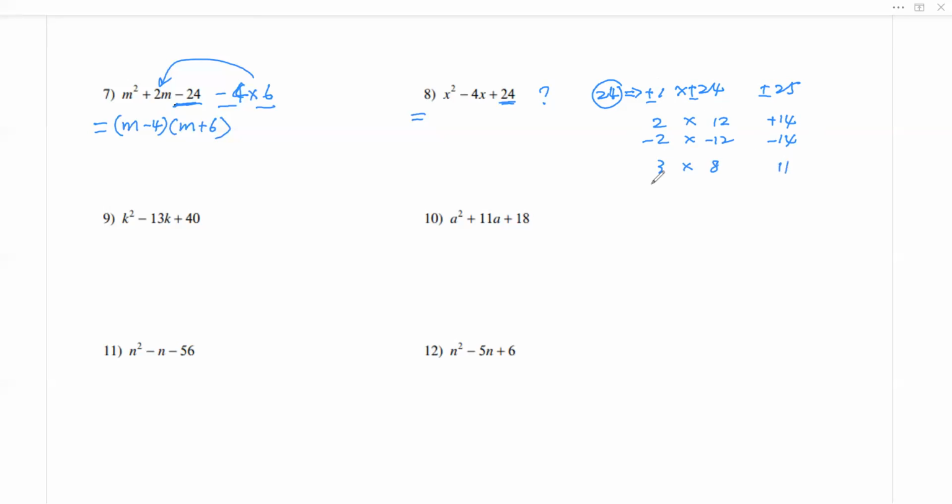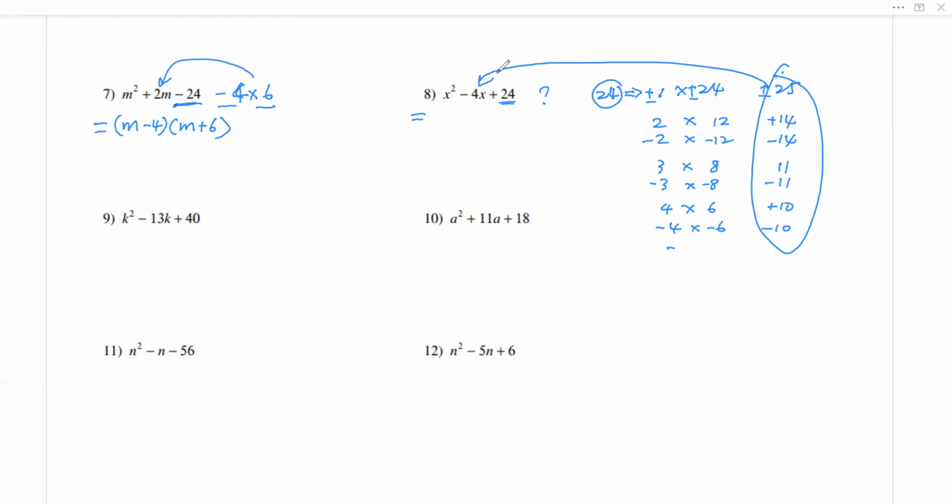So here we get 11, negative 3 times negative 8, negative 11. 4 times 6, here we get positive 10, negative 4 times negative 6, so it's negative 10. Other than that, do you have any? That's all, right? So we didn't find anything that matches exactly negative 4. So this one cannot be factored.